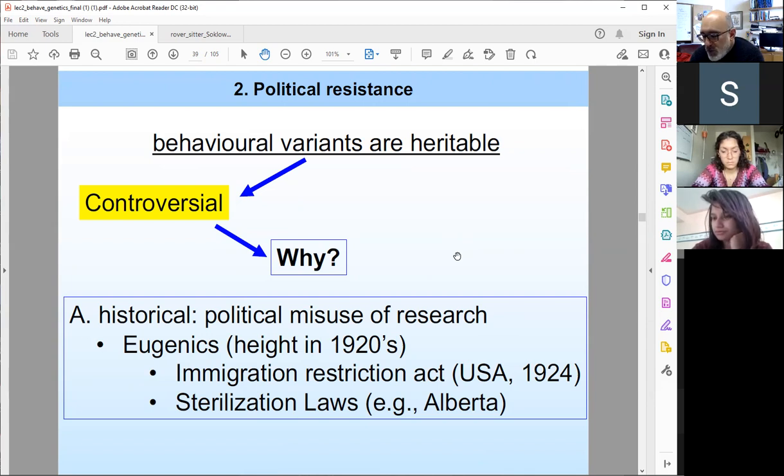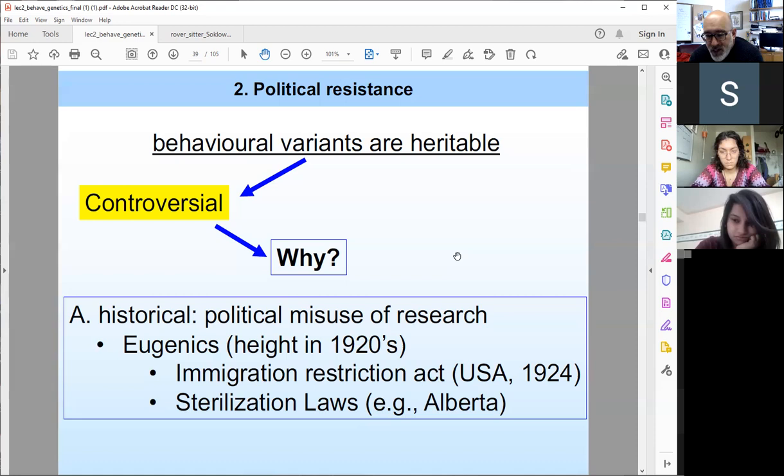So of course, the first thing that comes to mind is Nazi Germany, that there was the idea that some groups of people, ethnic groups or otherwise, carried with them traits that were undesirable. These were heritable traits, and therefore, there's the Holocaust and all of the horrors of Nazi Germany.